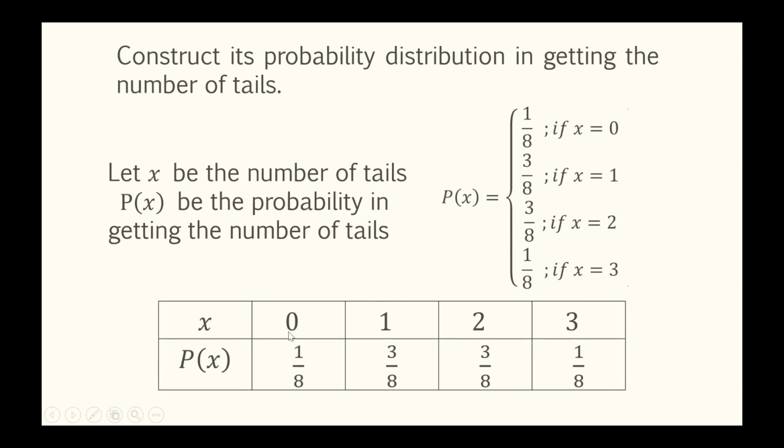So x, we have 0 tail, 1 tail, 2 tails, 3 tails. And its probability P of x: for 0 tail, we have 1 over 8. 1 tail, 3 over 8. 2 tails, 3 over 8. And 3 tails, 1 over 8.